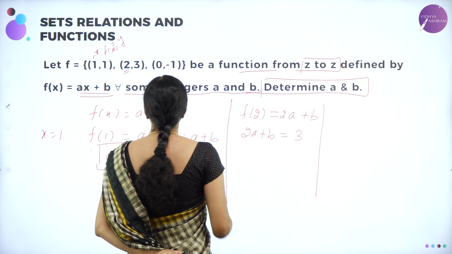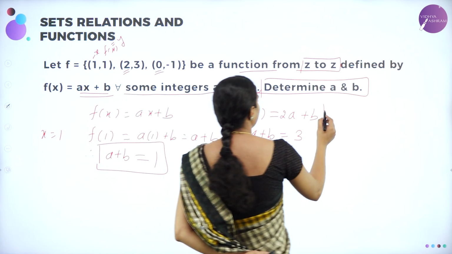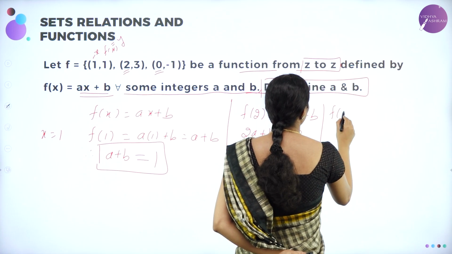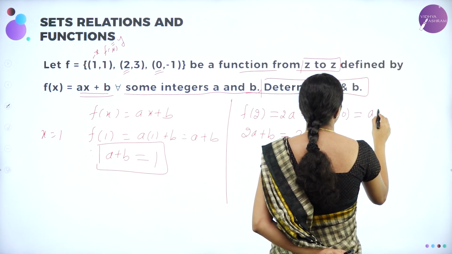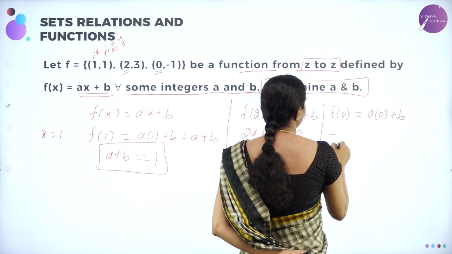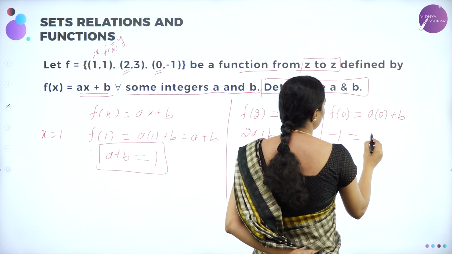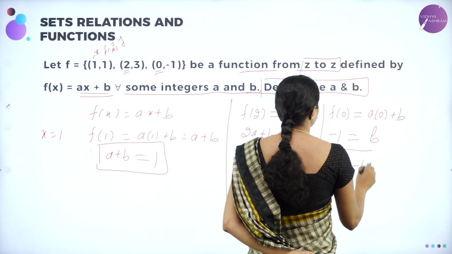Similarly, let me calculate the next value. f of 0 is minus 1. Therefore f of 0 is equal to a into 0 plus b, which is minus 1. a into 0 is 0 only, so b is equal to minus 1.